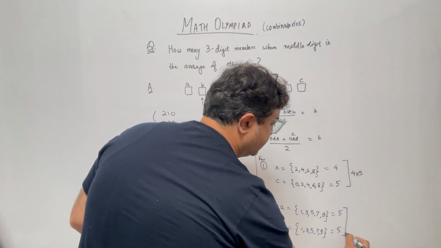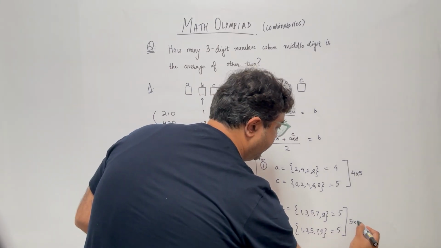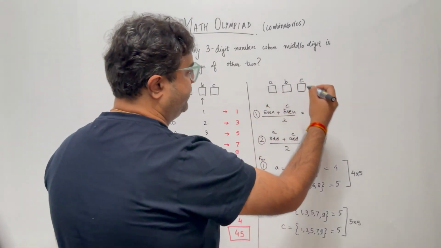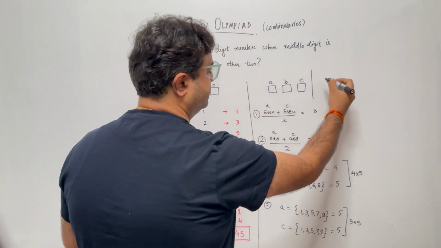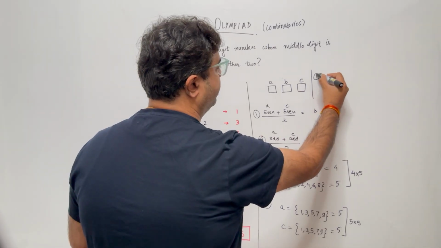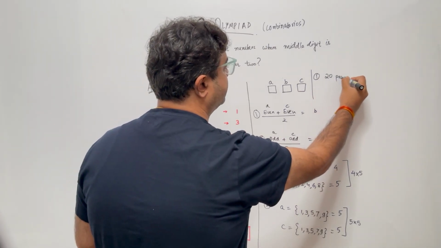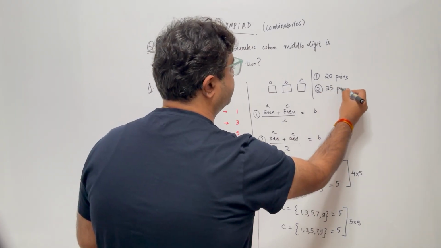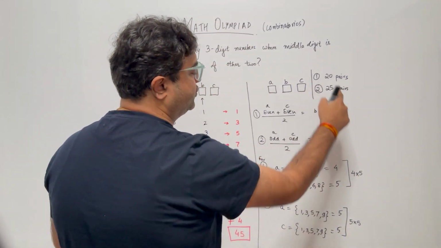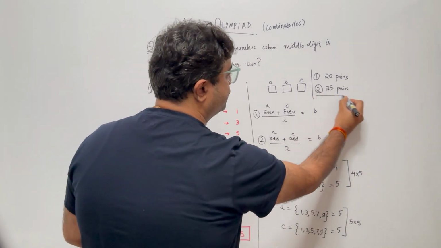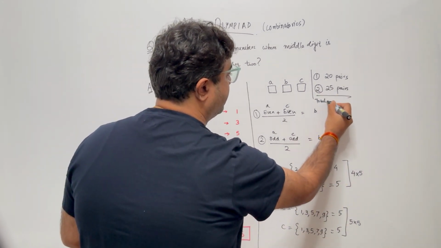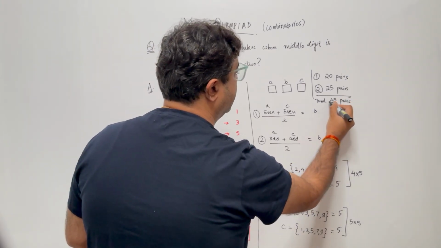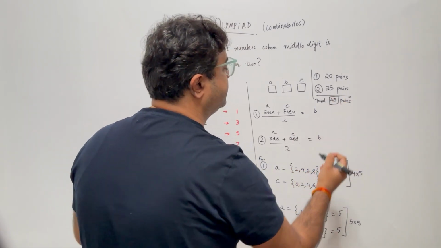And for the second case, we can have 5 into 5 pairs of A and C. 4 into 5 is 20, 5 into 5 is 25. So in total we have 45 pairs, and that 45 is our answer.